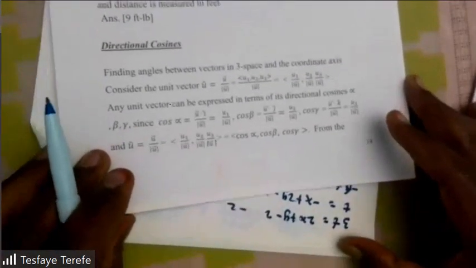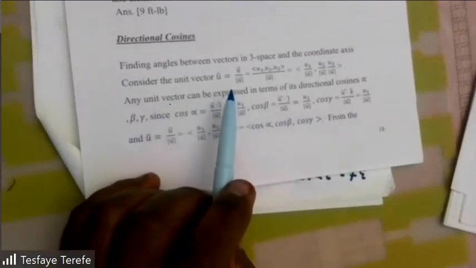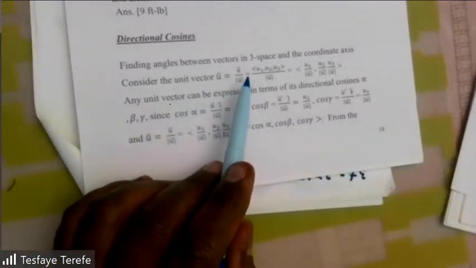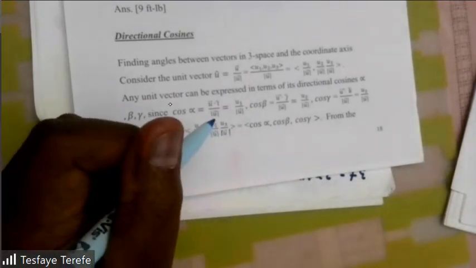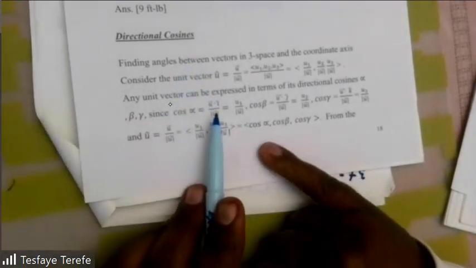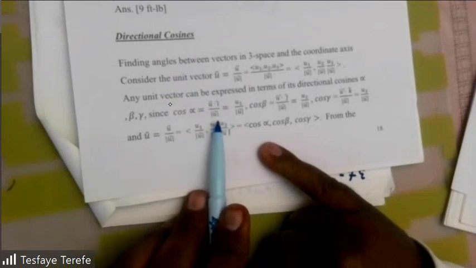So we are finding the angle with the unit vector, which is u over the norm of u, and it has these components. Any unit vector can be expressed in terms of its direction cosines, alpha, beta, and gamma, alpha in the x direction, beta in y, and gamma in z. Cosine alpha is the dot product of u and i divided by the norm of u.